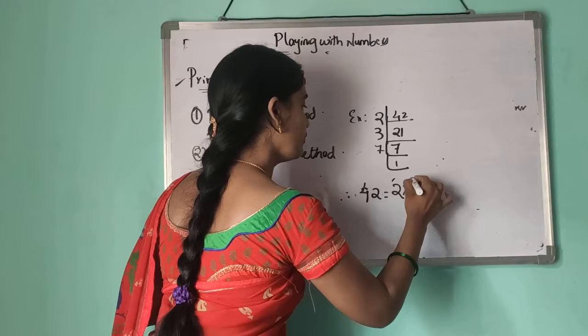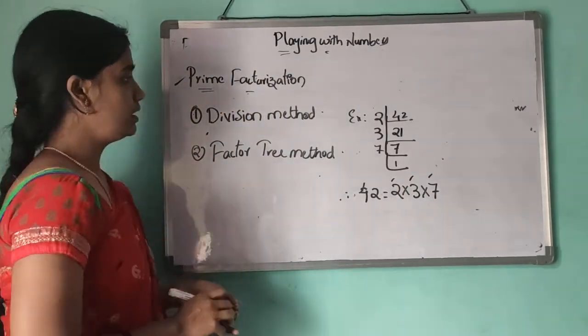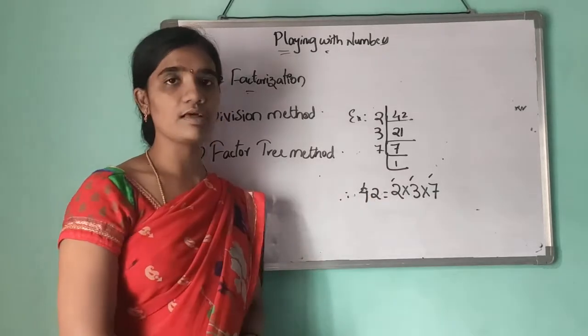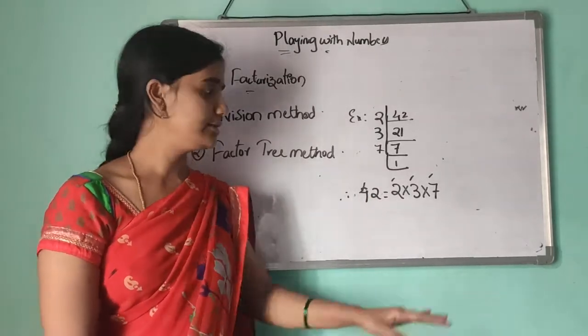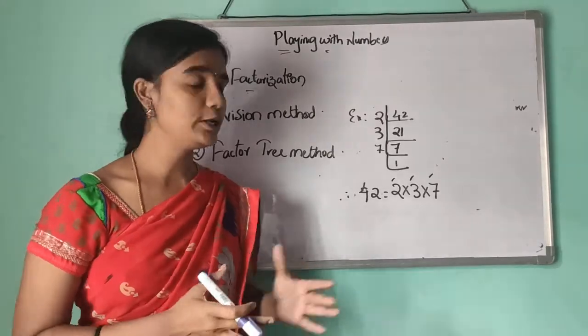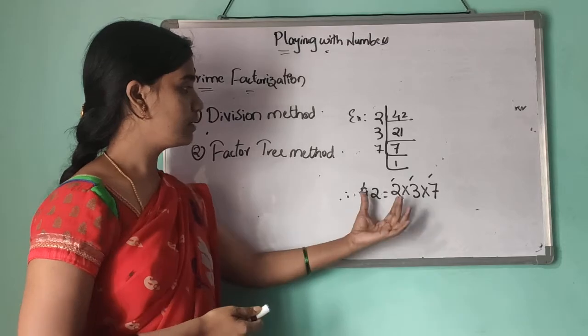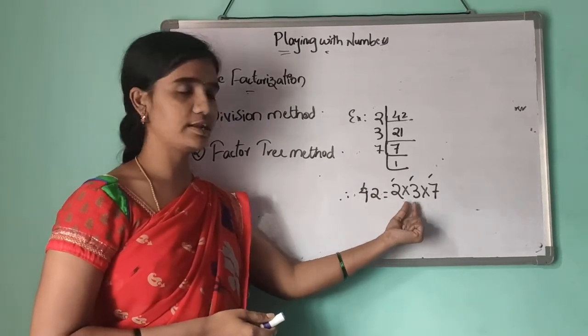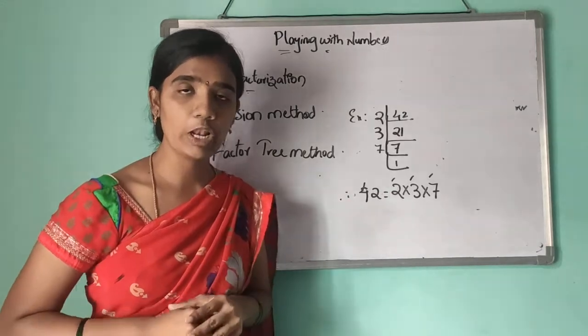These are the factors of 42. Here we can observe these numbers are all prime numbers. They are not divisible by any other number. They are divisible only by 1 and themselves.